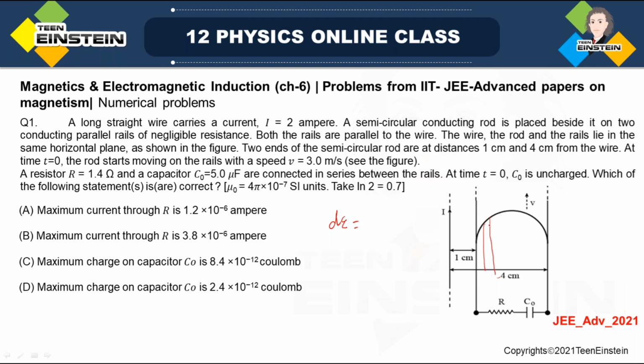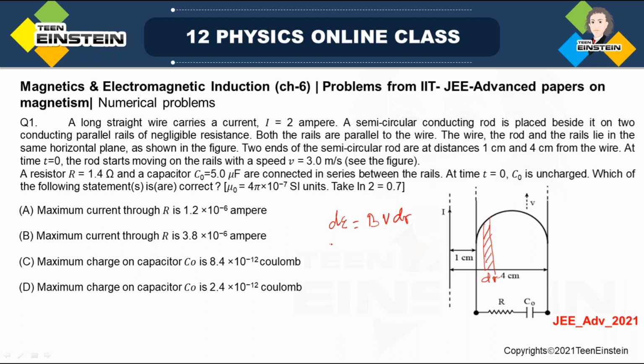If I take an element, then we can write B, which is constant always, velocity is constant, BV, and the thickness, let us say this is dr, BVL. So BVdr, like that if we just take it, then we will be able to find out.